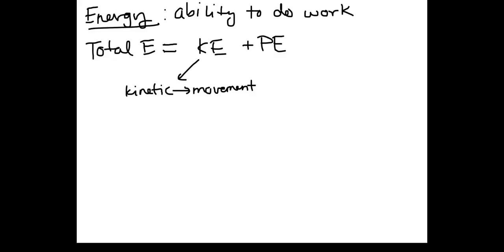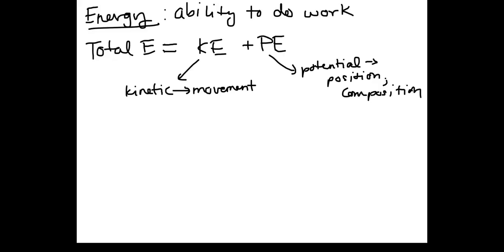Potential energy is associated with position. And also in chemistry, it's associated with composition. I'll explain that a little more. In terms of position, there's all the time an interchange between kinetic energy and potential energy.